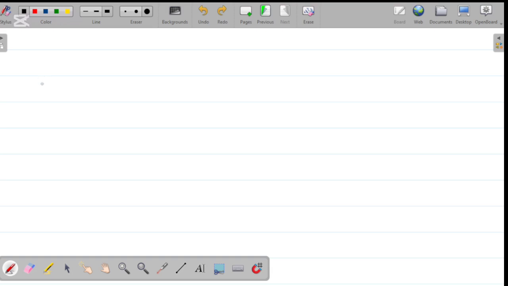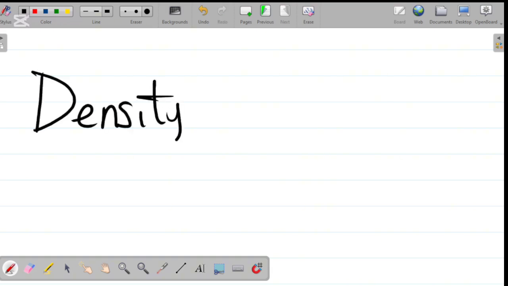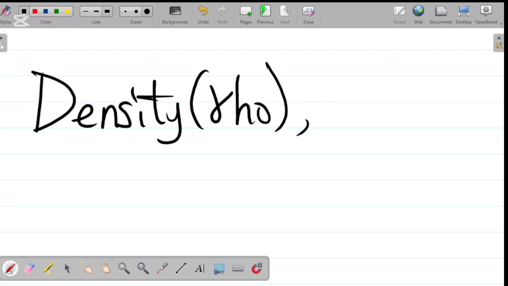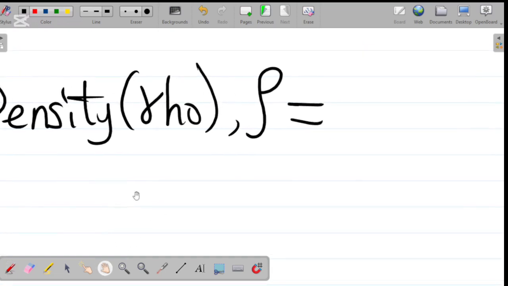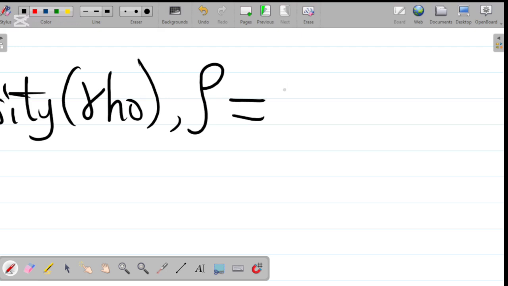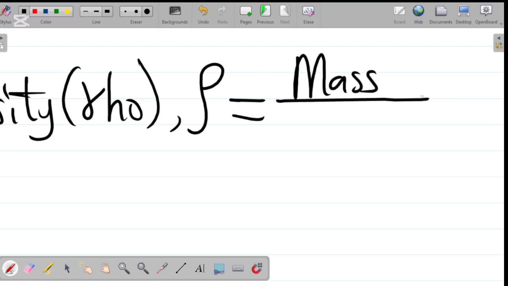Also remember that density rho is equal to mass all over volume.